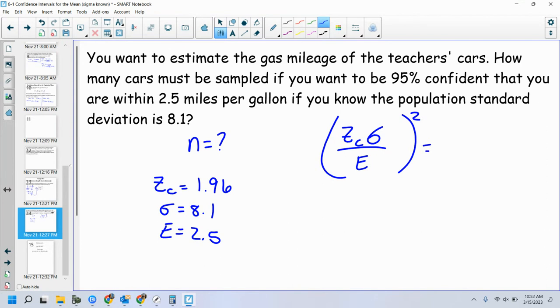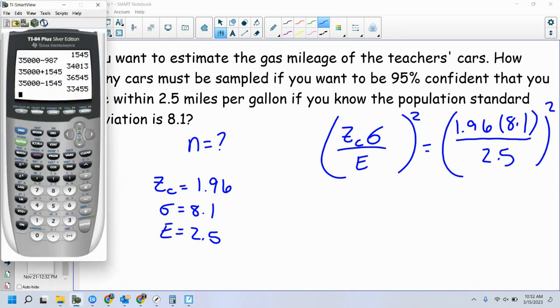Okay, so that's going to be 1.96 times sigma 8.1, divided by our error margin of 2.5, and I've got to square this whole thing. So 1.96 times 8.1 divided by 2.5, squared.